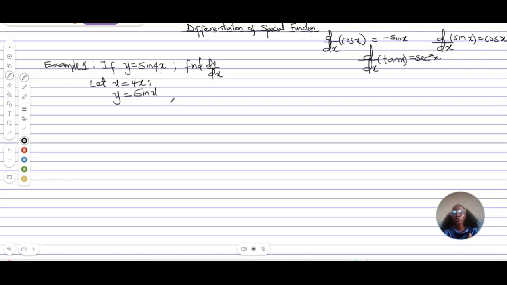What does the chain rule say dy/dx is? The chain rule says that dy/dx is simply du/dx times dy/du. That is, differentiation of u with respect to x times differentiation of y with respect to u.